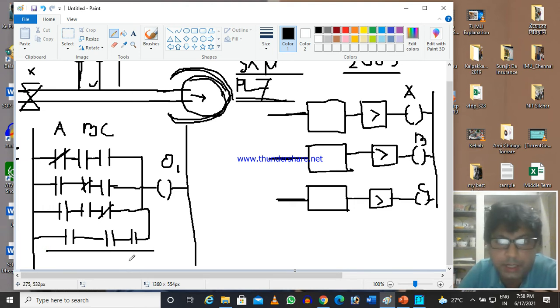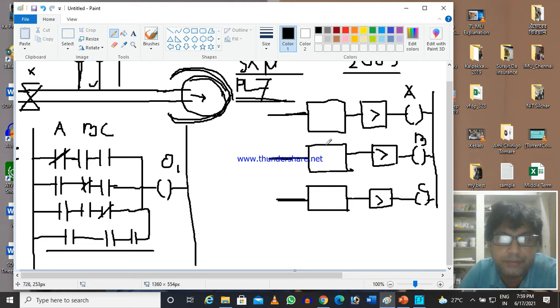So all NO become NC and it will actuate the solenoid, which will cut off, and the pressure inside the molten silicon will be controlled.